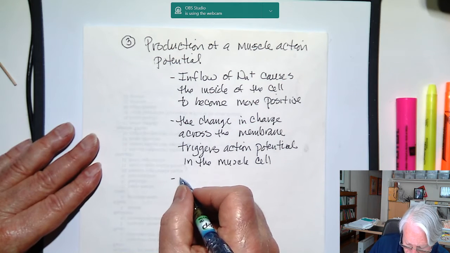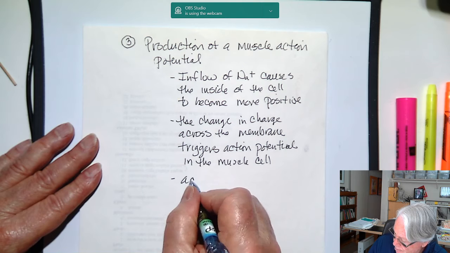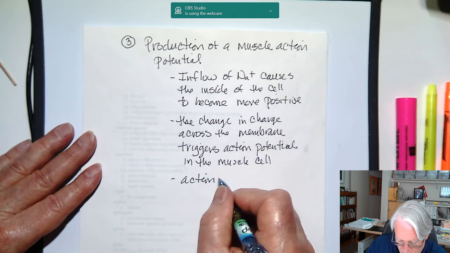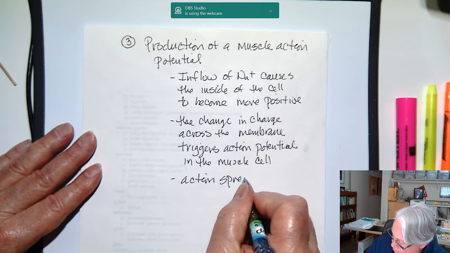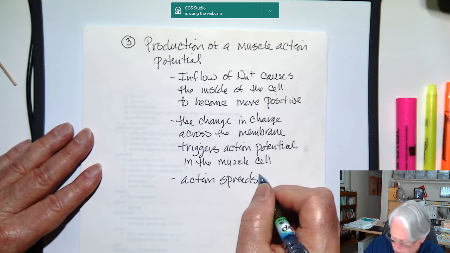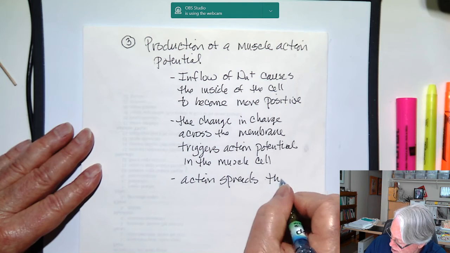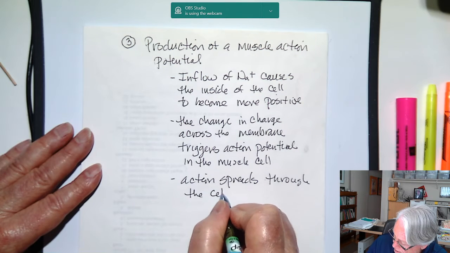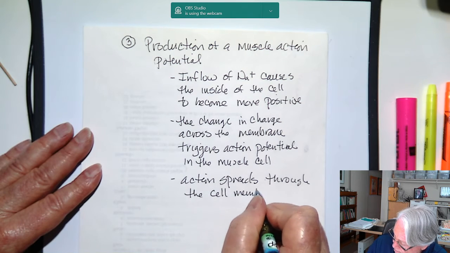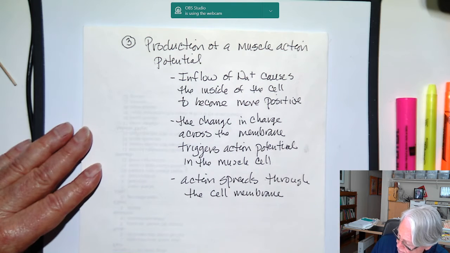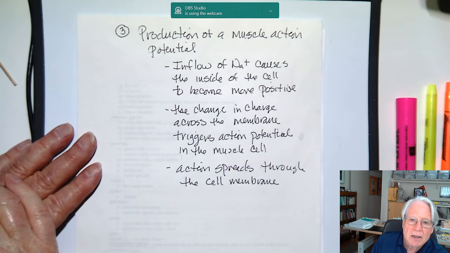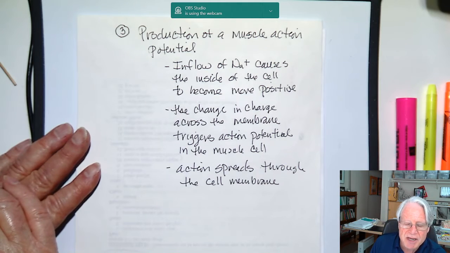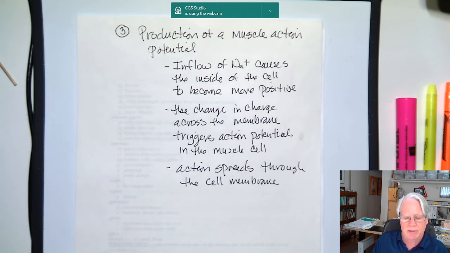The action potential spreads throughout the cell membrane. So it starts at the neuromuscular junction, but then from there it simply spreads out. It expands outward.